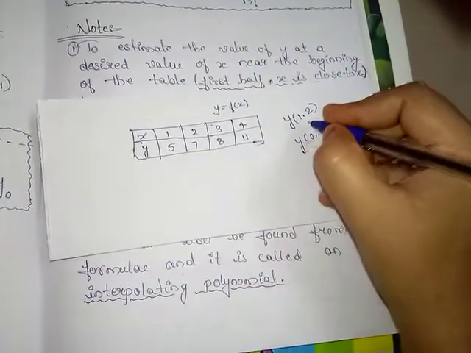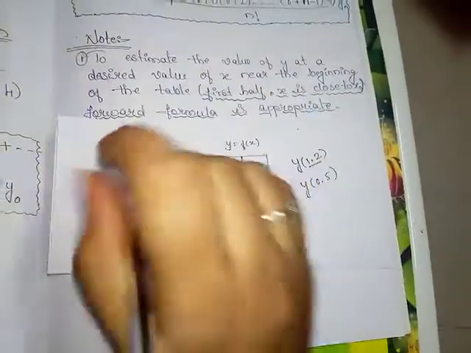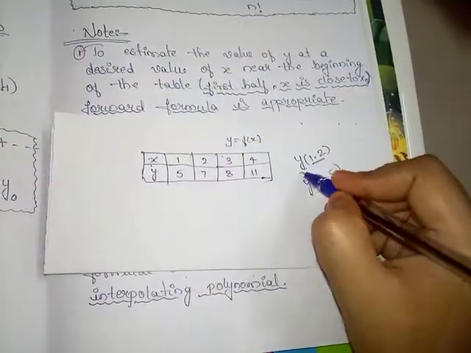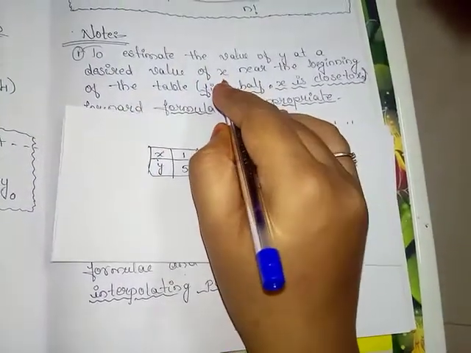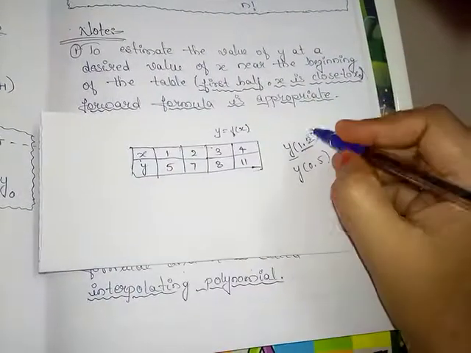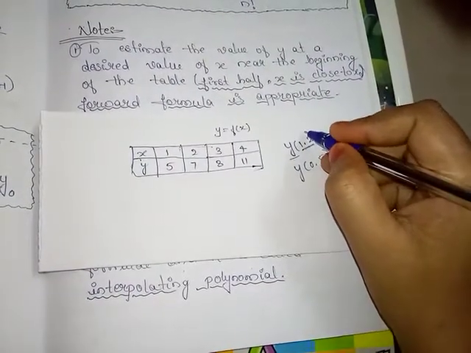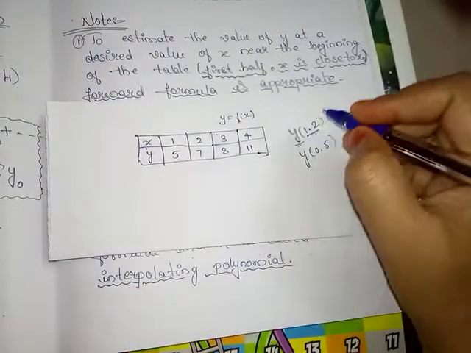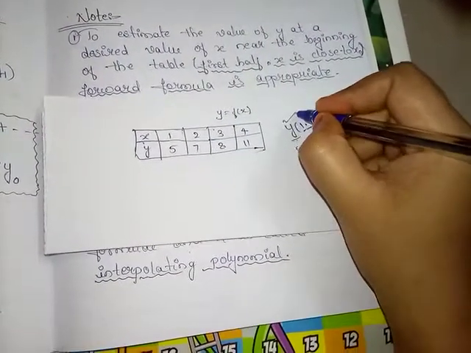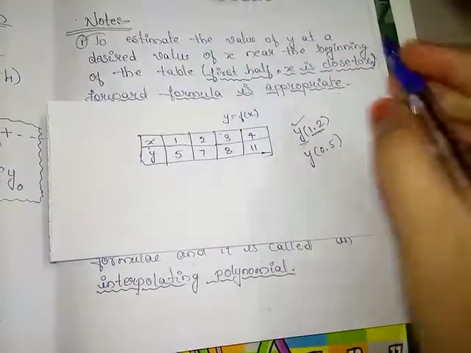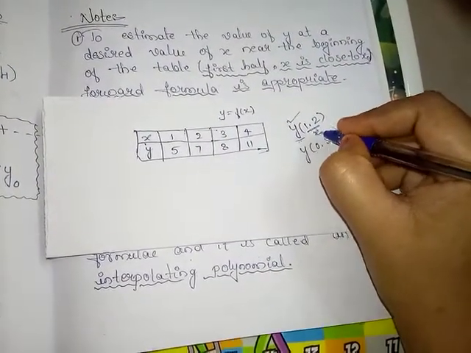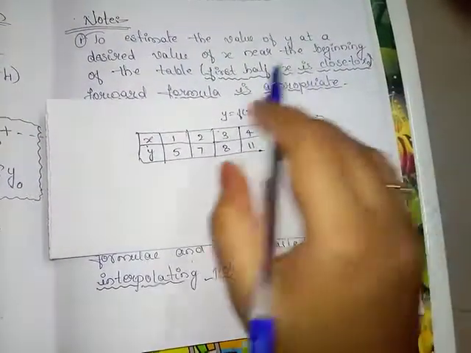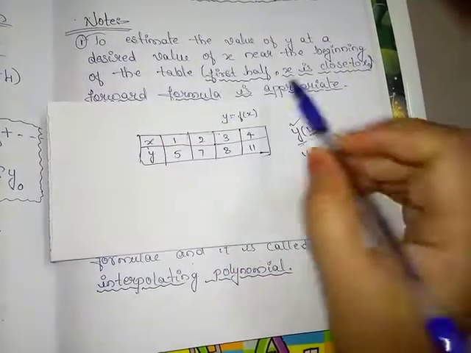Now see this x value. To estimate the value of y at a desired value of x. Desired value of x means the value of x for which we have to find the value of y. Here we have to find the value of y and the desired value of x is what? x is 1.2. The desired value of x is 1.2.